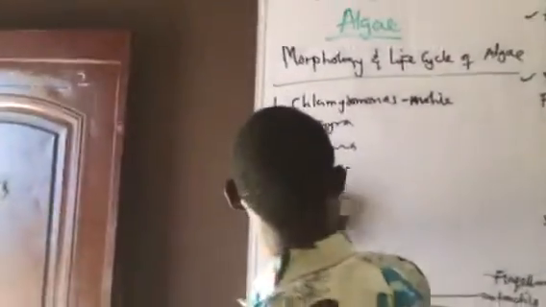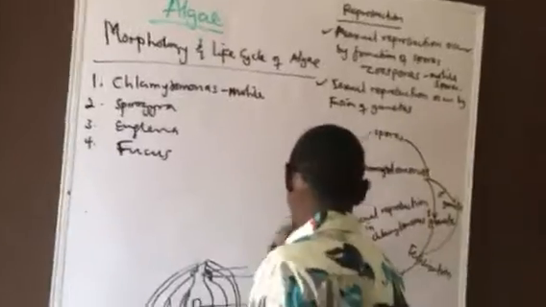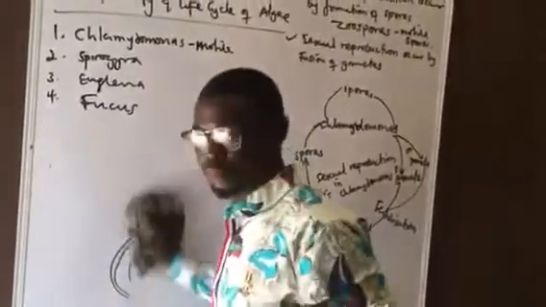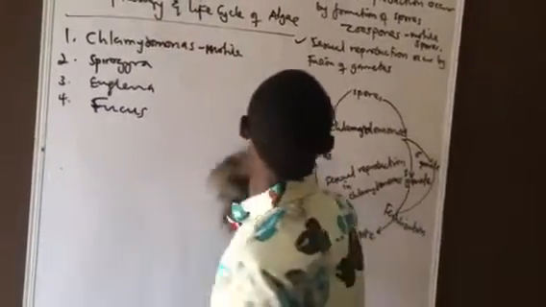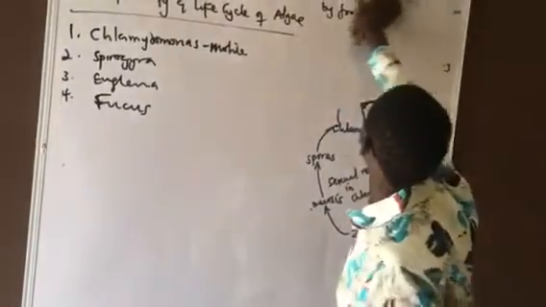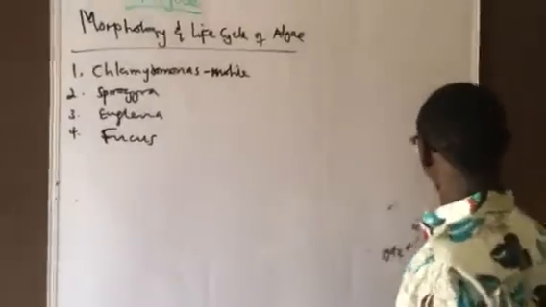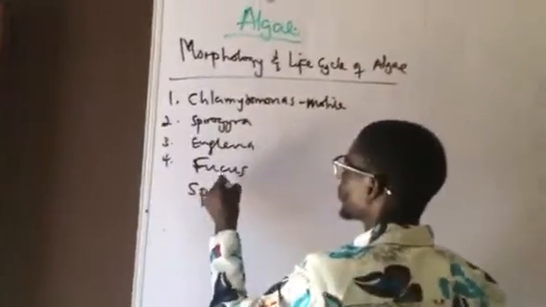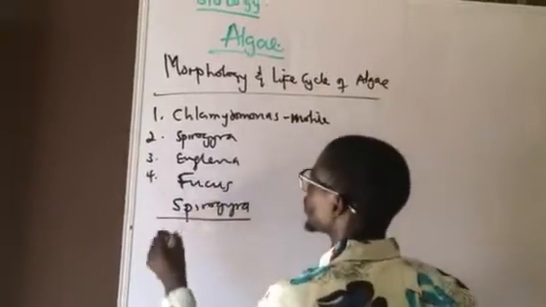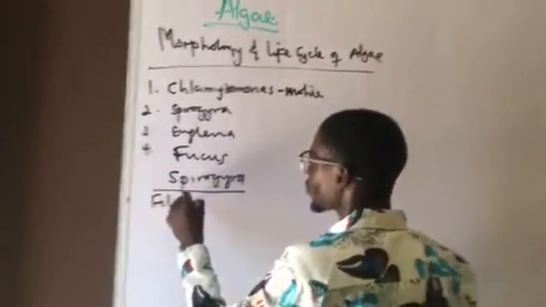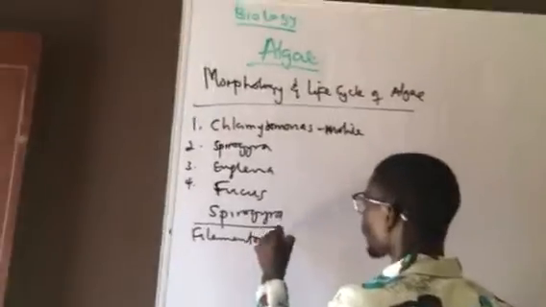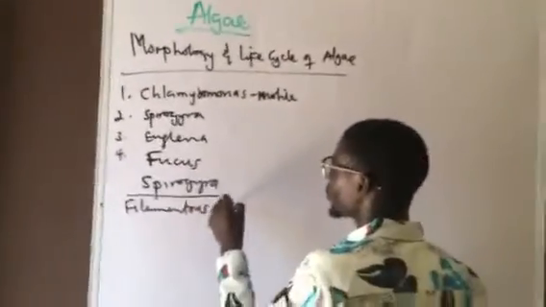Spirogyra is another organism that is not unicellular but multicellular, since it is filamentous anyway. Spirogyra is a filamentous algae, filamentous green algae.